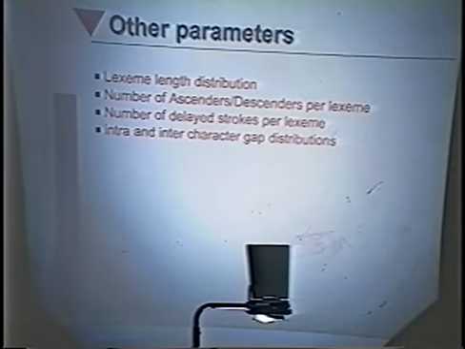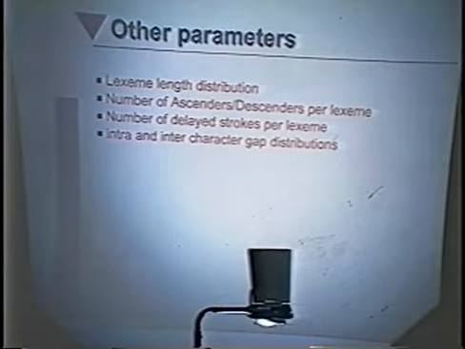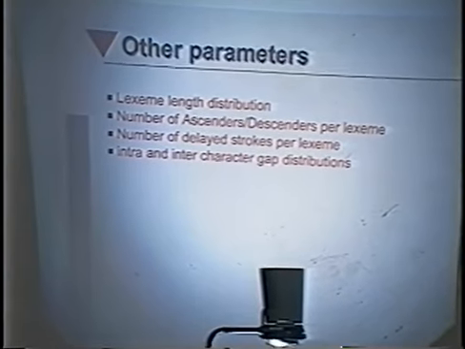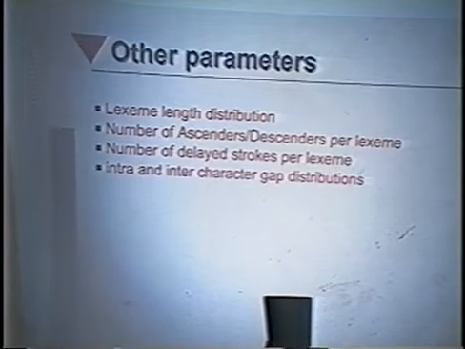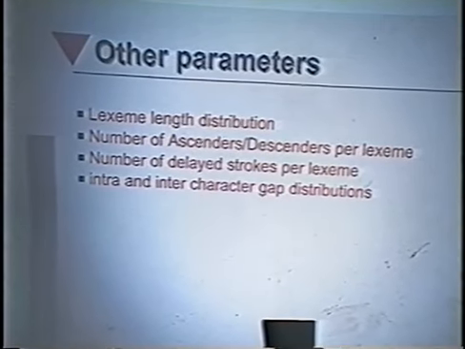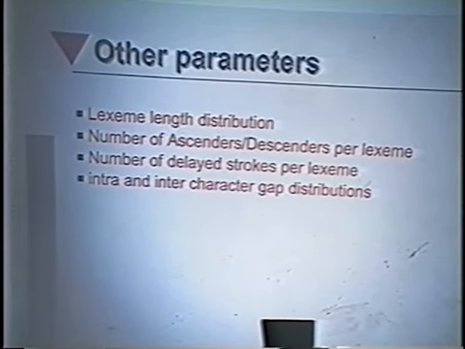In addition, the other parameters that we also estimate are the lexeme length distributions, like I showed you, the number of ascenders and descenders per lexeme, and the number of delayed strokes per lexeme. Let me tell you, delayed strokes are things like dots on your I's and crosses on your T's. Now this is a big problem for the HMM. So how do you train a model for a T that has a cross on it?